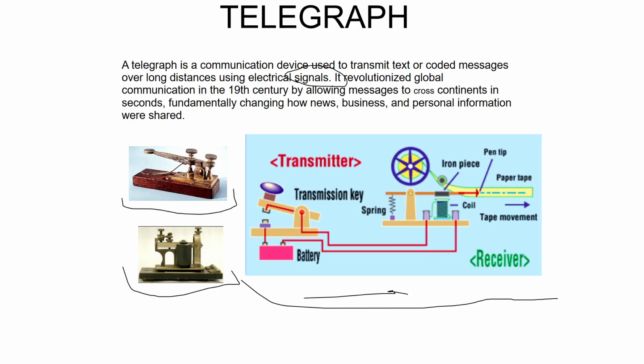But the telegraph used to encode this kind of data. It was designed in such a way that it's an electronic device that is able to represent some characters and send it over. As we are told here, it's a device used to transmit text or coded messages over long distances.